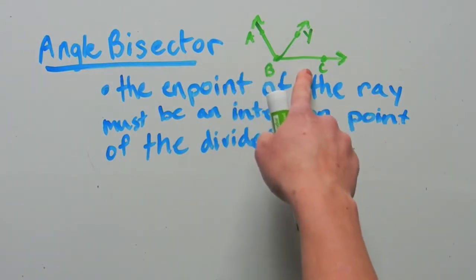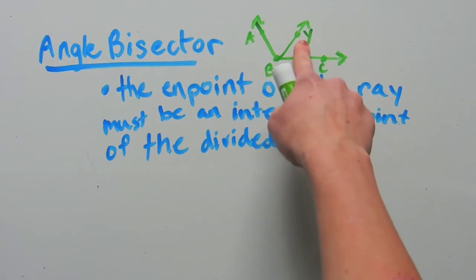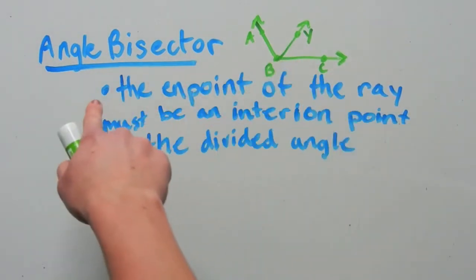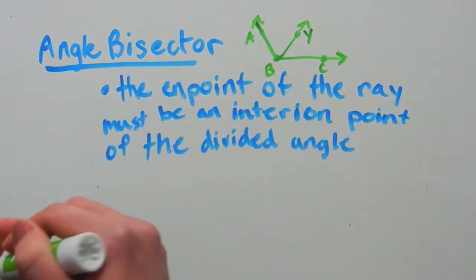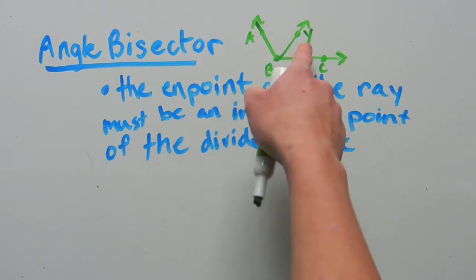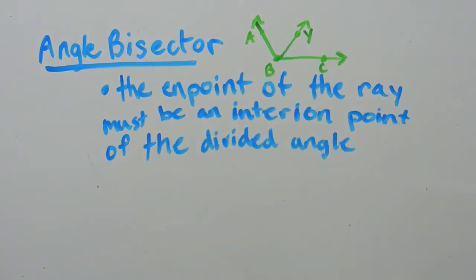So ABC is divided with the ray BY, and Y is interior to ABC. So this first one is true for this picture. And in this case, the endpoint we are referring to is not the vertex B, but the point Y. So really, any other point extending out on that ray could be considered the endpoint.